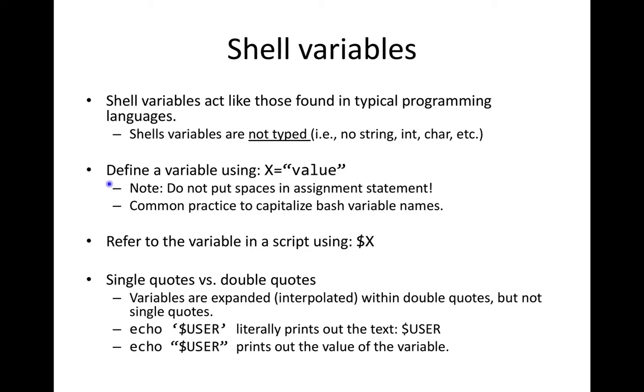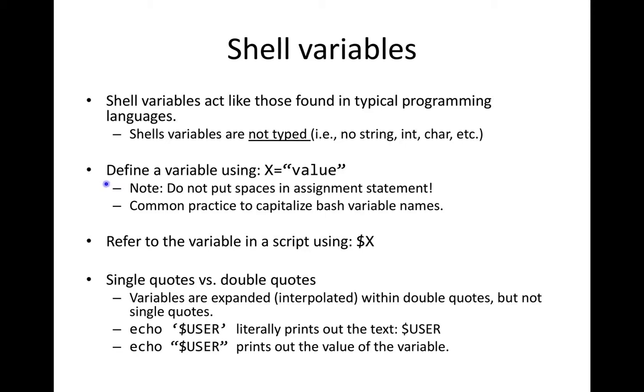So we use a shell script variable to store some sort of value. And shell script variables don't have a type. So there's no such thing as a string or an integer or a character shell script variable. We just create a variable and we can assign whatever type we want, basically, to that variable.